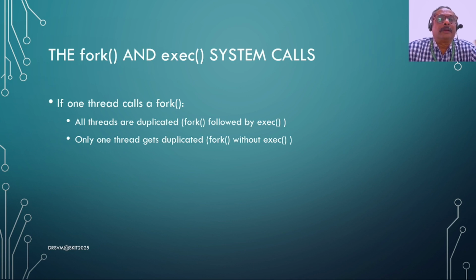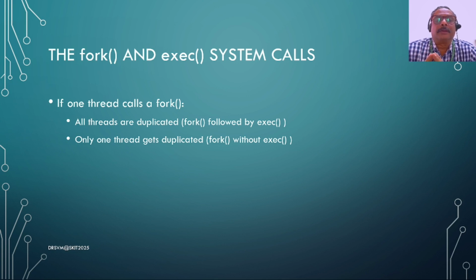When one thread calls a fork, there are two possibilities. One is that immediately after the fork is called, there is an exec system call, and this will replace the parent code in the child with new code.